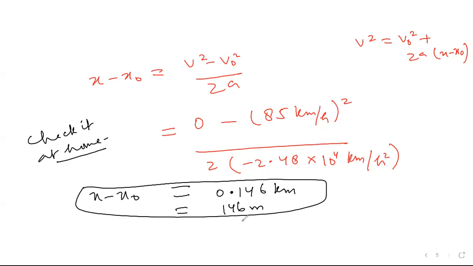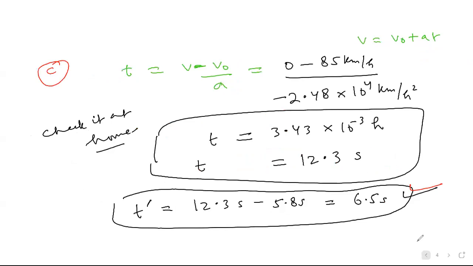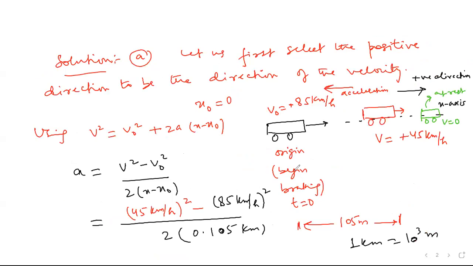Which distance is it? From this moment to this moment when I stop, this whole distance is 146 meters, because I am putting the final velocity as 0 and the initial velocity as 85 kilometers per hour.